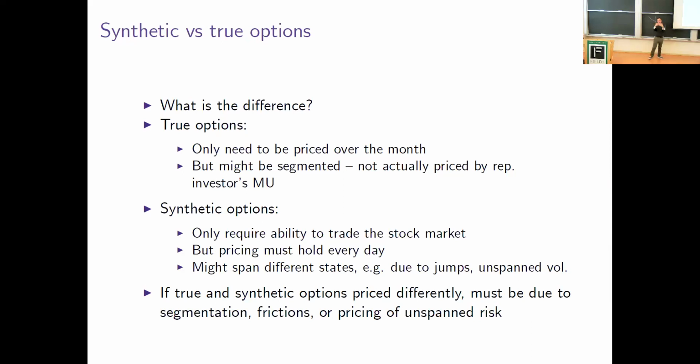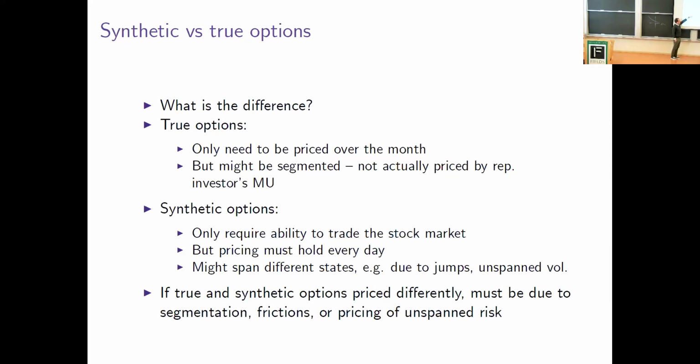So when we talk about misspecification, the worry is that this broad equity investor might not be the person whose marginal utility is pricing options. And that is our concern. Synthetic options potentially resolve that. They do have the one issue that you now are building in the daily variation.